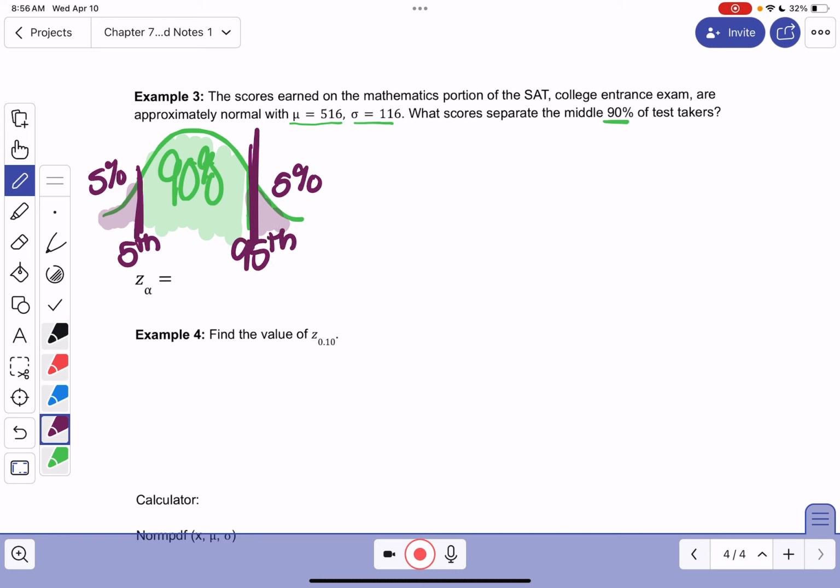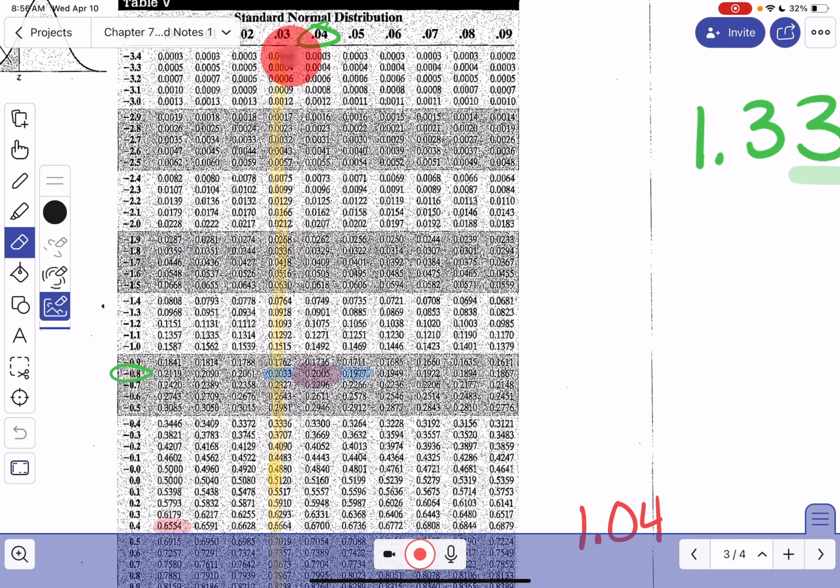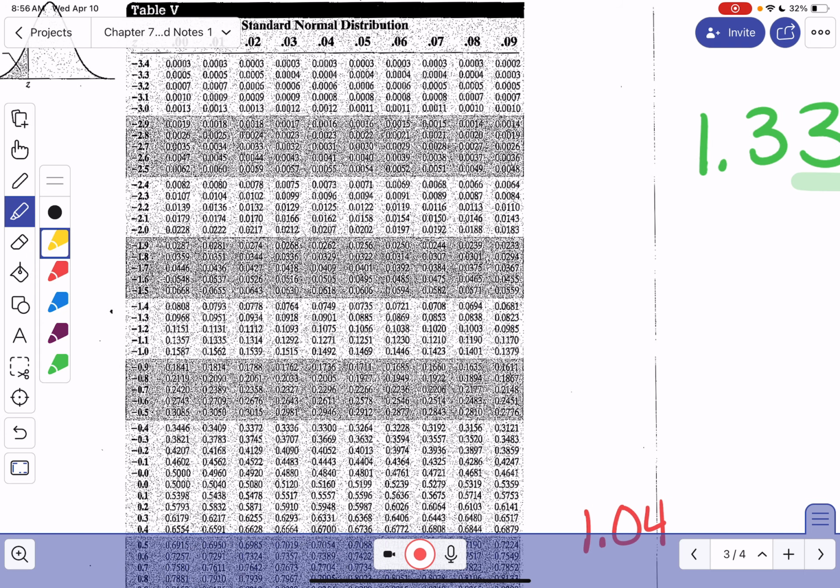So then we would use our table to look those up. So we're going to go look for 0.05. And here's one where it's exactly in the middle. The red one is 5 above, the yellow one is 5 below, so you could pick either.